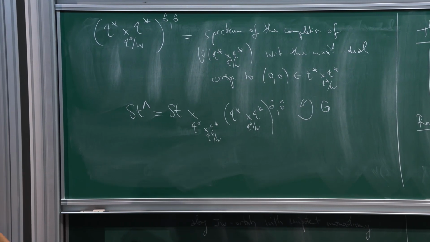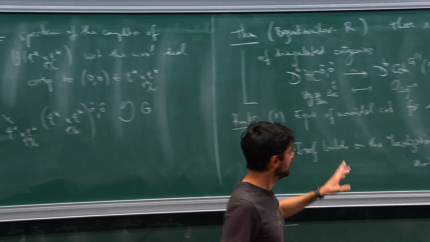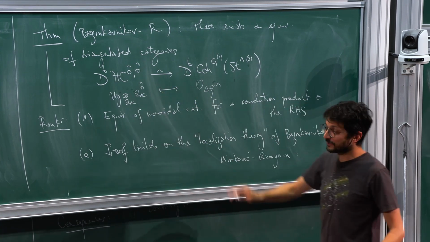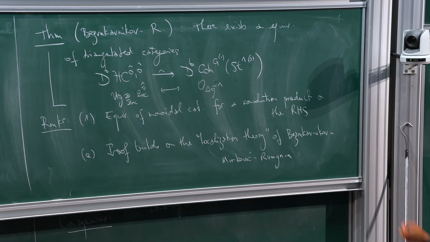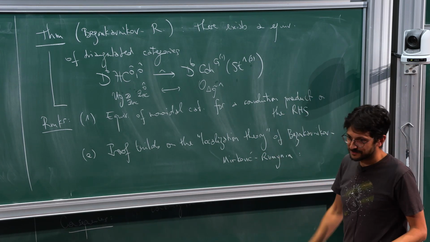Both concentrated in the same degree? Yeah, in degree 0. These are the unit objects for the monoidal product, so they have to correspond to each other, and that's what it does.